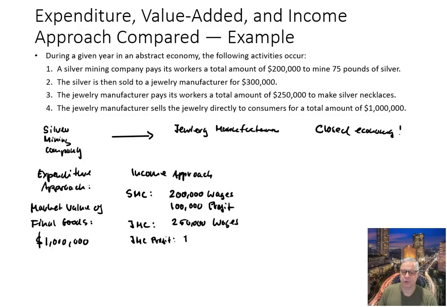So that is total revenue of 1 million minus the cost for the intermediate good, I call it just IMG, intermediate good. That was 300,000, minus the wages, which is 250,000.